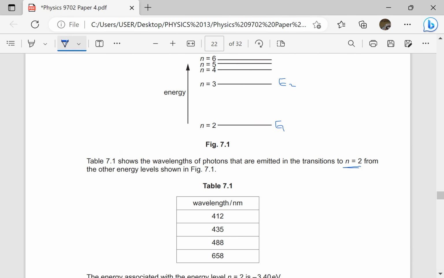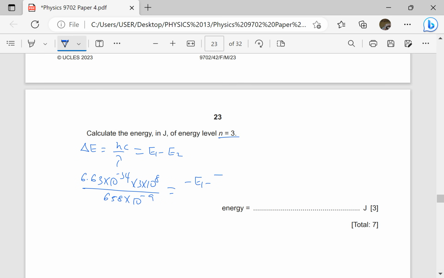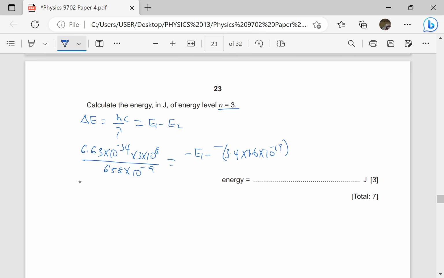Let this one be E1, and this is E2, because the transition is from n equals 3 to n equals 2. So this is going to be E1 minus negative 3.4, which was given in electron volts, so I will say times 1.6 times 10 power negative 19 to change it to joules. So this becomes a plus.